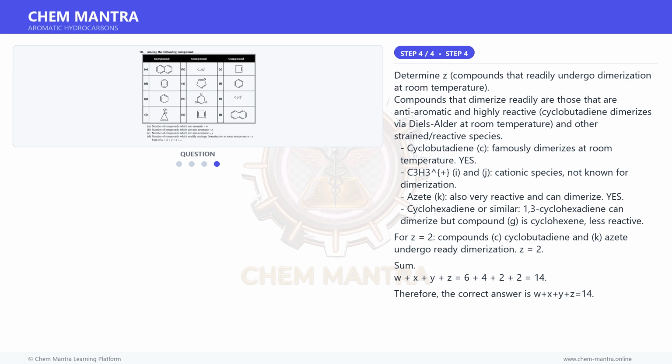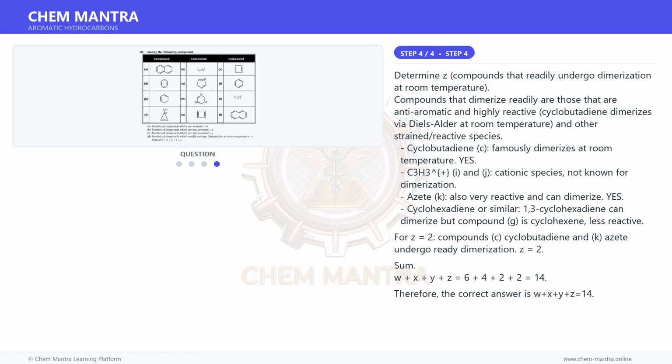Compounds that dimerize readily are those that are anti-aromatic and highly reactive. Cyclobutadiene dimerizes via Diels-Alder at room temperature, as do other strained reactive species. Cyclobutadiene, C, famously dimerizes at room temperature. Yes. C3H3+, I and J, cationic species, are not known for dimerization.